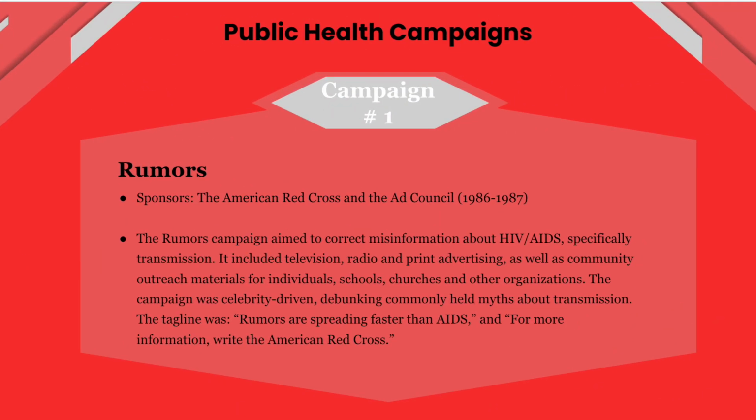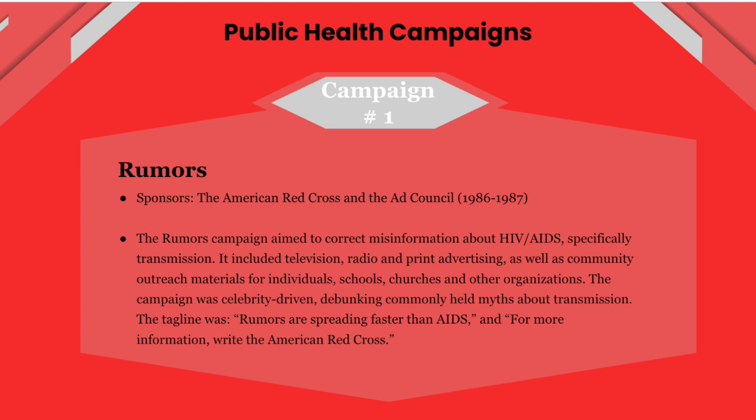Some well-known HIV public health campaigns include the Rumors campaign from 1986 to 1987. This campaign was sponsored by the American Red Cross and the Ad Council. It aimed to correct misinformation about HIV and AIDS, specifically regarding transmission.